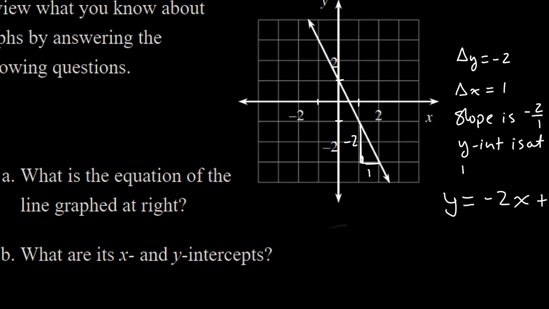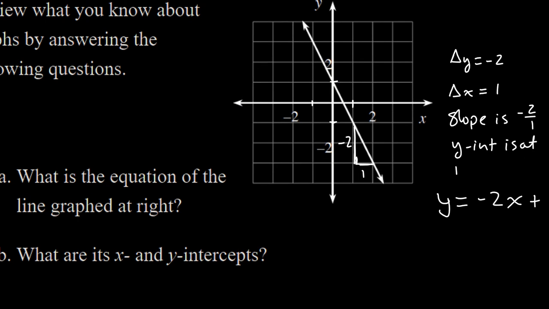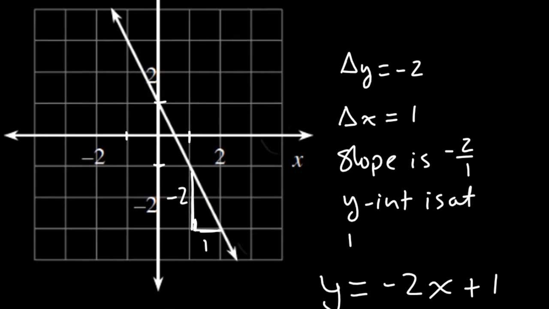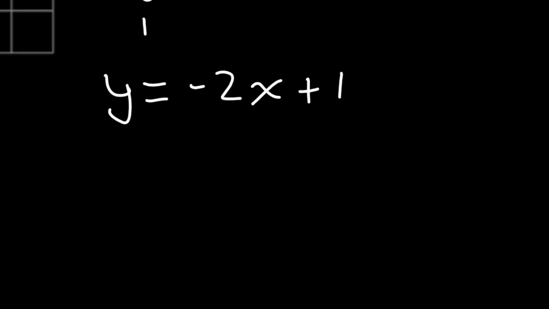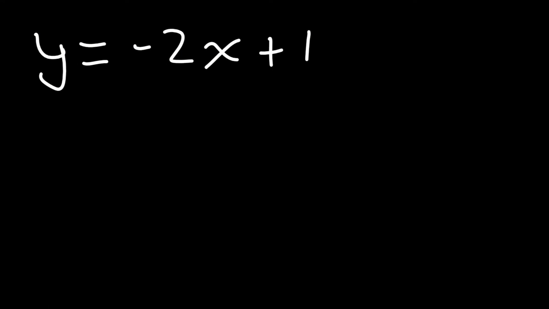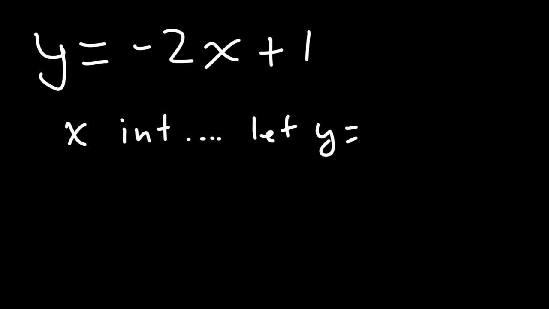And then the other thing it says is what are the x and the y-intercepts for this line? So when I know the equation of the line, if I want to find the x-intercept, basically I need to let y equal 0. So if I let y equal 0 in that equation, I get 0 is equal to -2x plus 1.